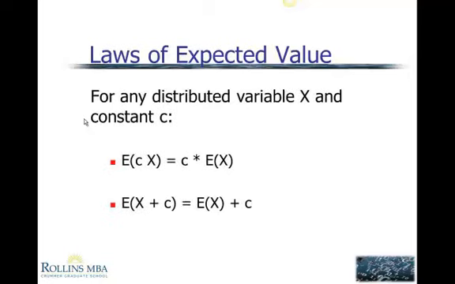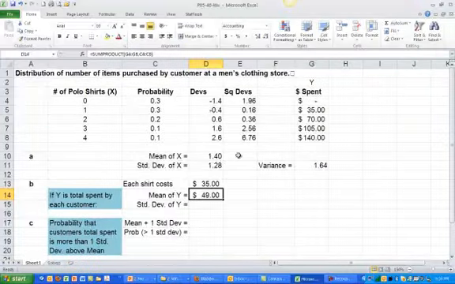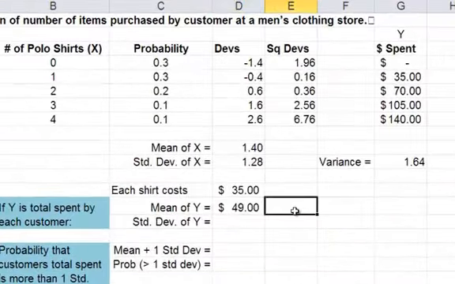So just to sum up, for any distributed variable x and a constant c, the expected value of that constant times x is just going to be that constant multiplied by the original expected value. And we see this example immediately in this problem. Here's another way I could have done this.